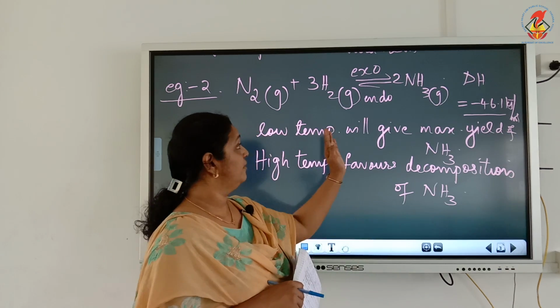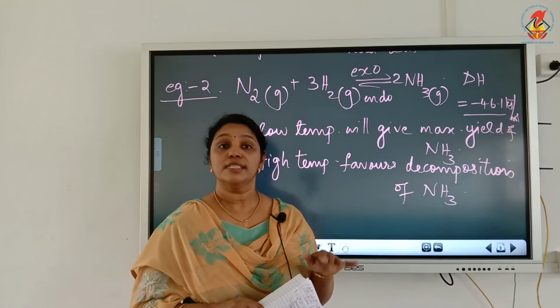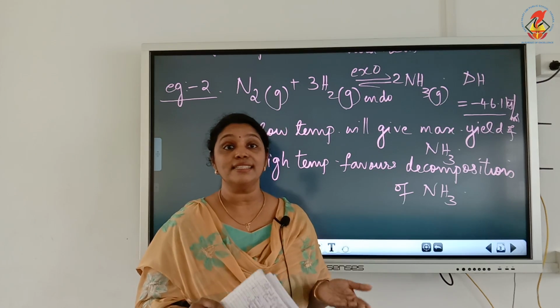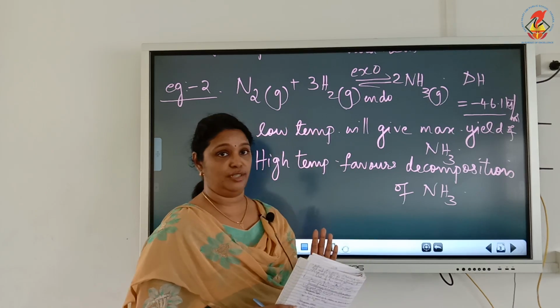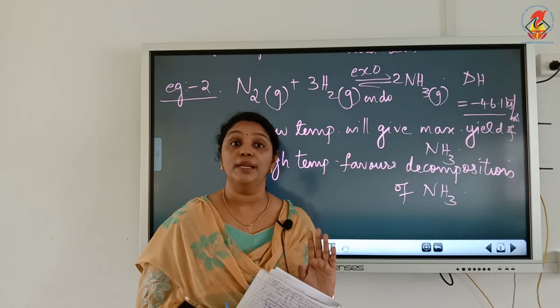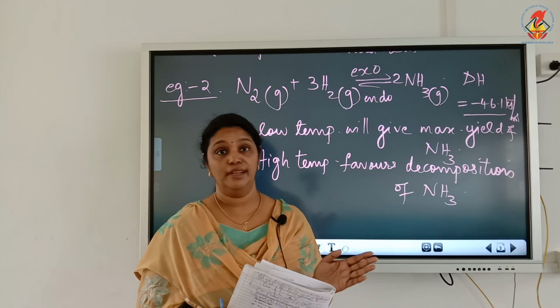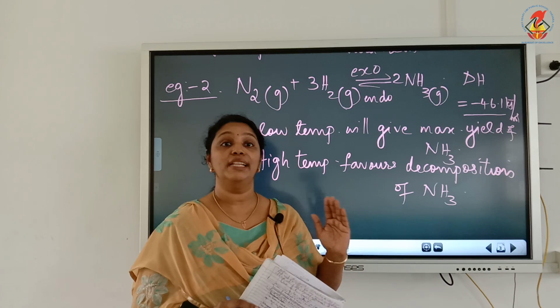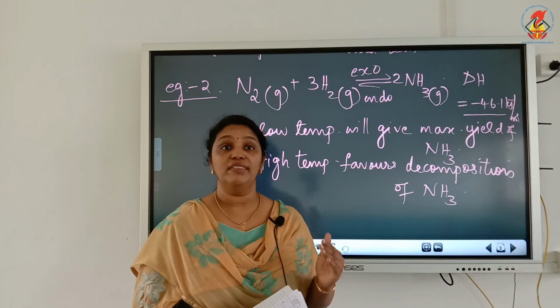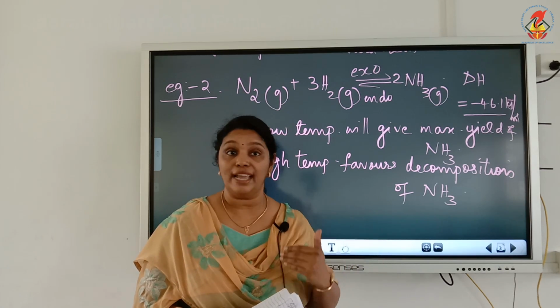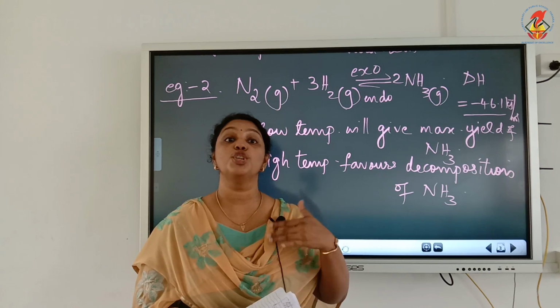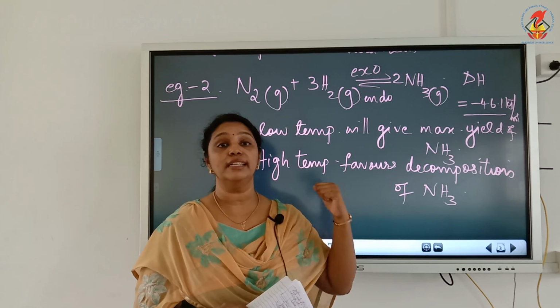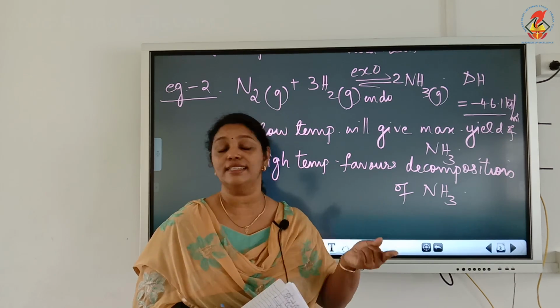Now this reaction is at equilibrium. Suppose I increase the temperature of this reaction. What will happen? The equilibrium gets disturbed. Now what will the equilibrium do? The equilibrium will try to shift in that direction which absorbs heat. So here in this reaction I have increased the temperature.